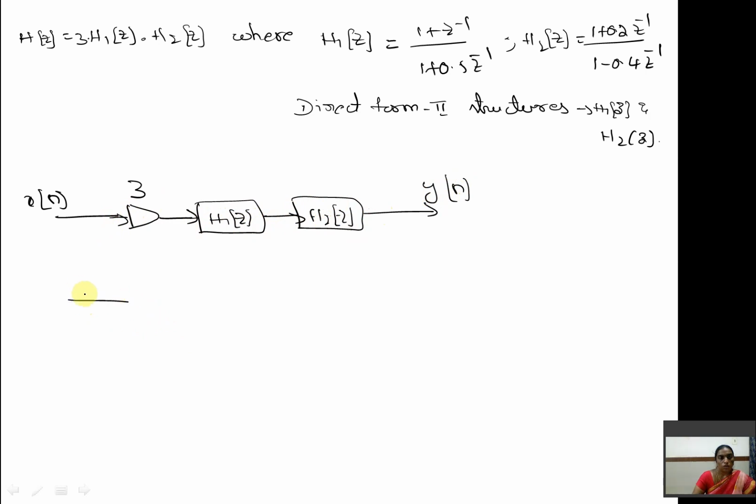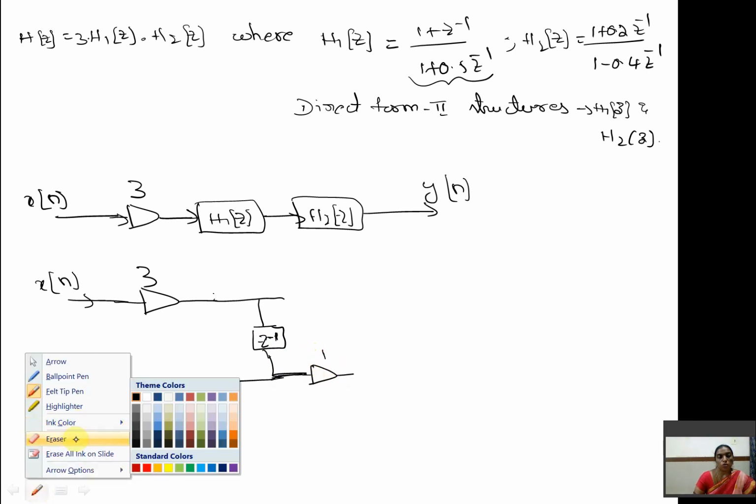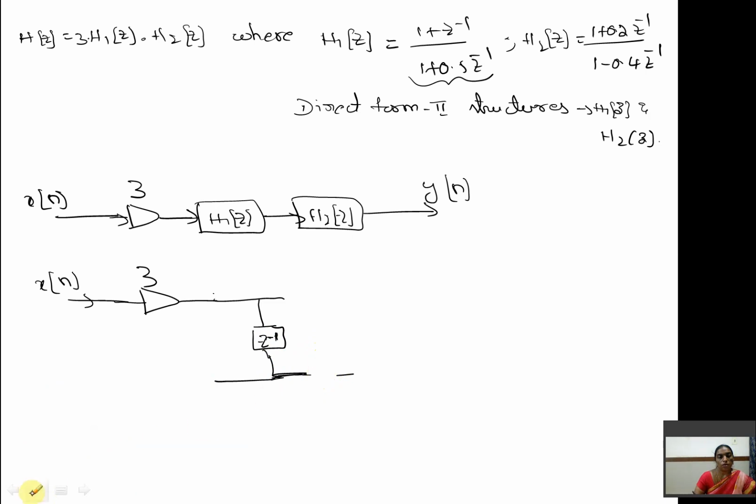Right, now so x of n, product 3. Now here h1 of z means this one, so simply by seeing this one you can easily develop this one. In what way? First place the number of delay units. Here is only 1, that's why z inverse, and then here in the right side place the numerator polynomial, what is that equation? 1 plus z inverse. Z inverse product is 1, so that means no need to include here product, right? So just directly write this one.